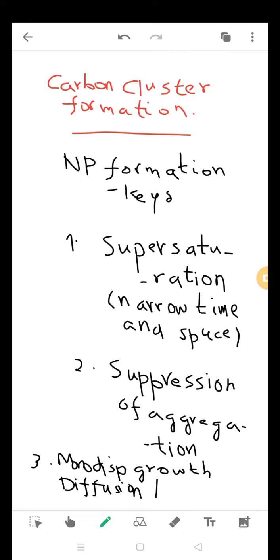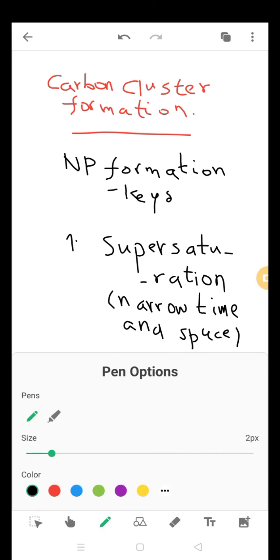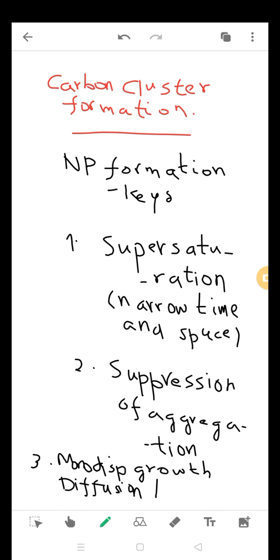I will tell you what it means in some of my later lectures. For the time being, just learn this quantity is called Ostwald ripening. It is related to this diffusion controlled growth of nanoparticles. So these three are the keys in nanoparticle formation.